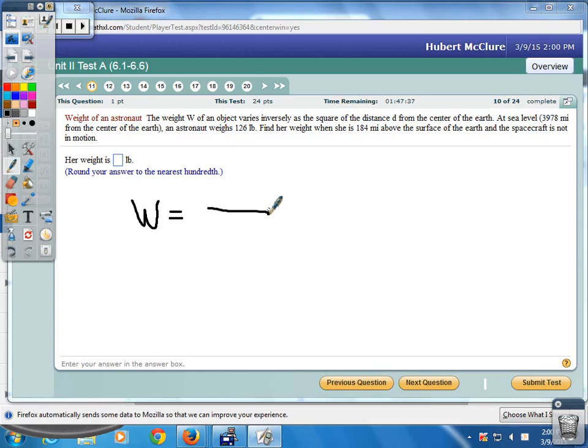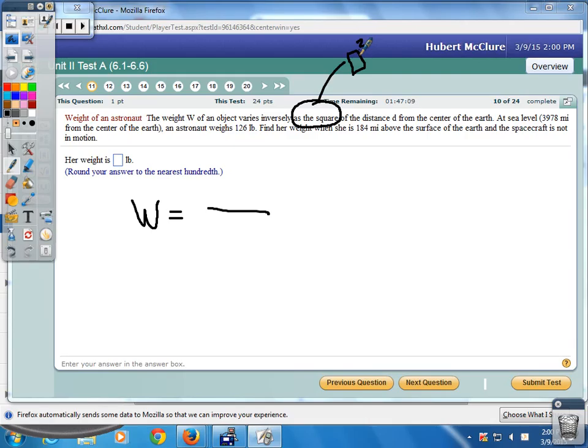And the square, let me go ahead and tell you this. When you see as the square, that means something raised to the second power, okay? It does not mean the square root. I do not agree with the way that's written. I think it should be inversely as a number squared. I think that's misleading to students. So when you see this, you're not going to see square root.